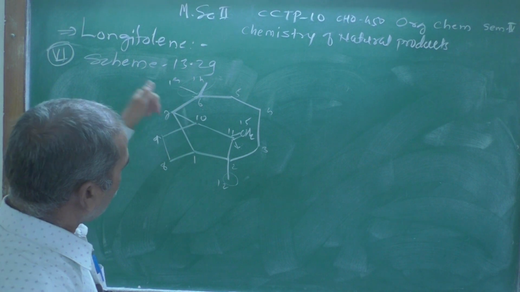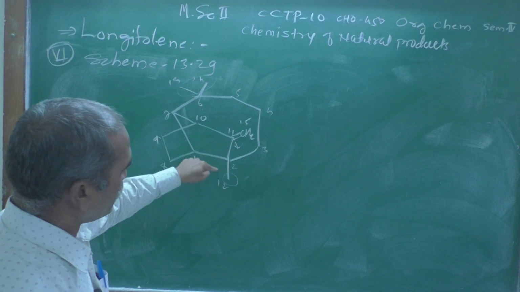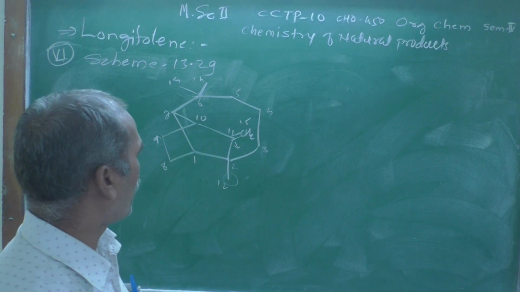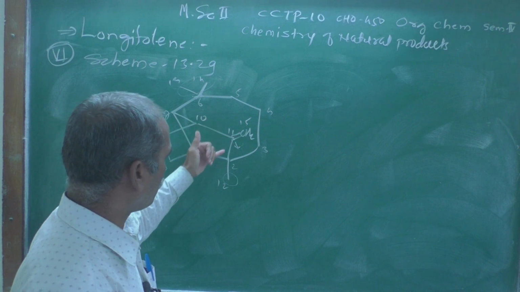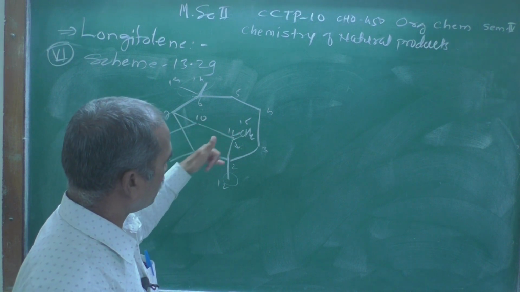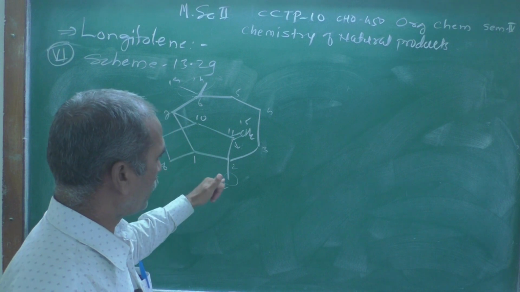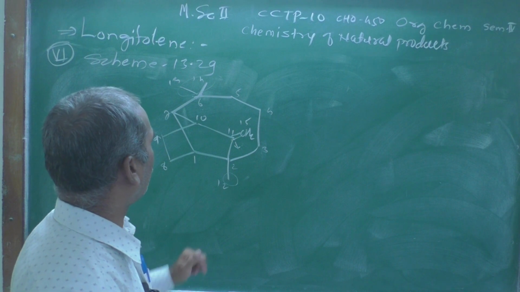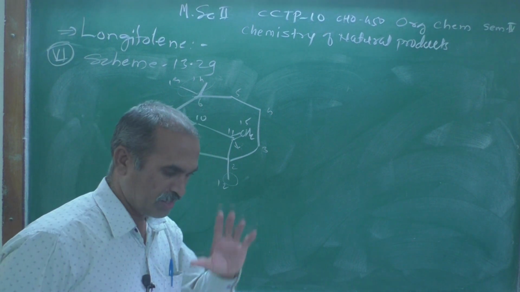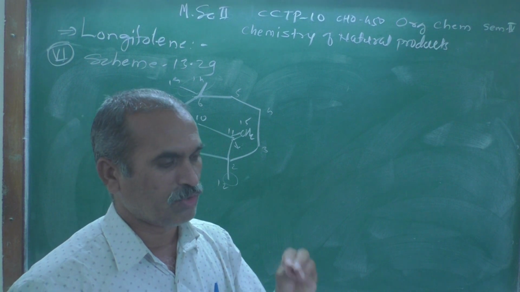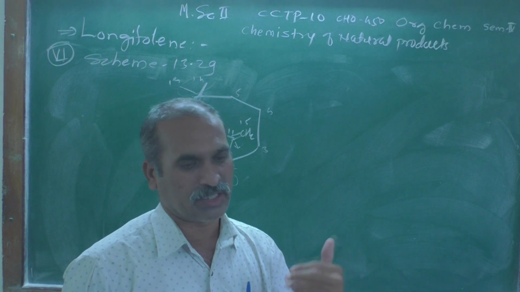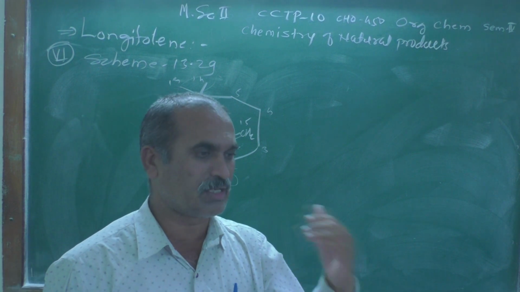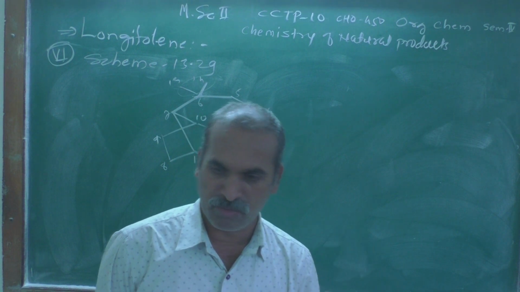In the previous case, this methyl group was introduced by using LDA, LiNR2, where there is a carbonyl group, then methyl iodide, and then there is the introduction of that methyl group at this particular position. Here also there is a carbonyl group, and by that carbonyl group the geminal dimethyl is introduced.